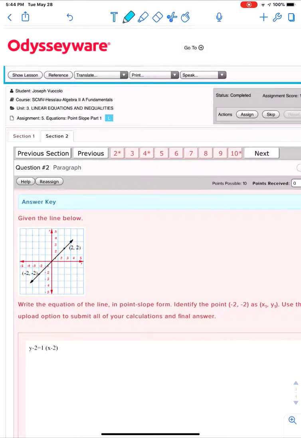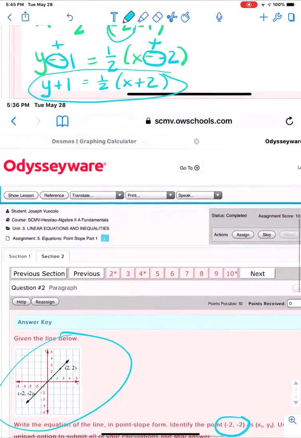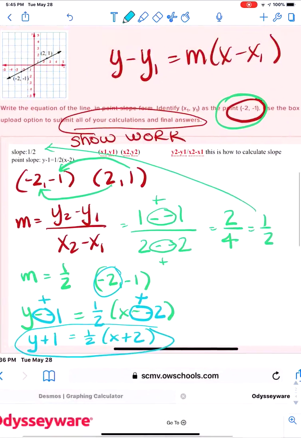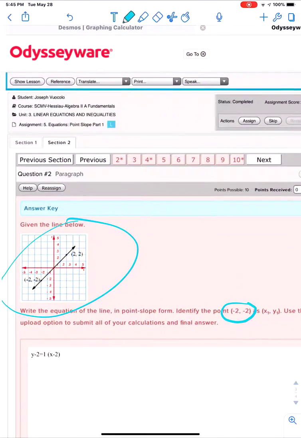Okay, let's look at one more. So this one says to write the equation in point slope form, but this time we're going to use (-2, -2) as your point. So if you notice on this one, this line right here, you can see that that's the point you're going to use, and I'm going to find my slope just like before. So I have (2, 2) and (-2, -2).